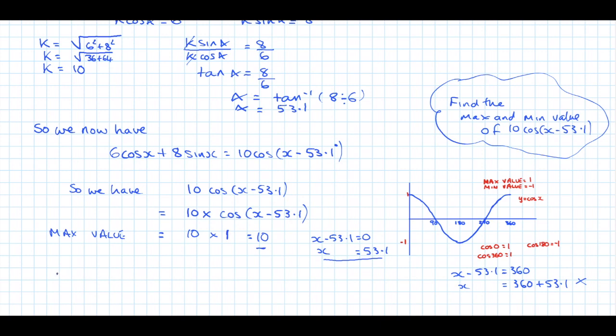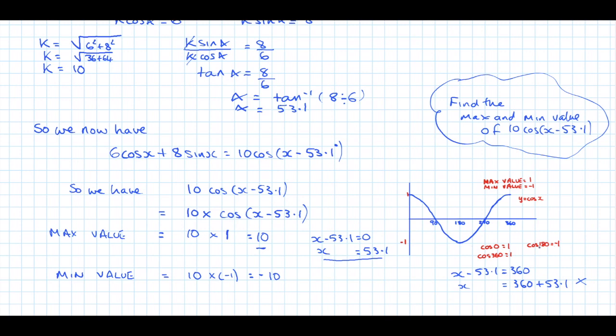Now the minimum value, what is the minimum value that the cosine can take? The minimum value the cosine can take is negative 1. So the minimum value would be 10 times negative 1 is equal to negative 10. So minimum value will be negative 10, and that will happen where the cosine of what angle gives me a minimum?